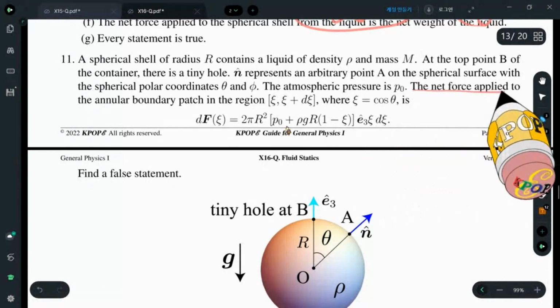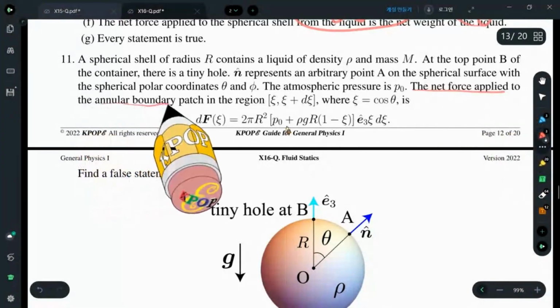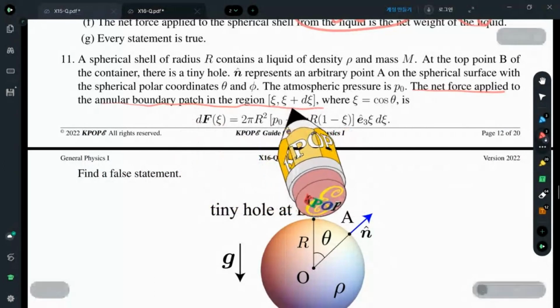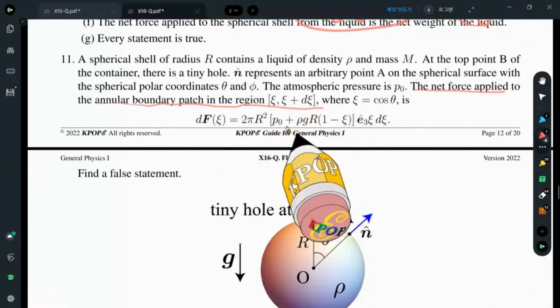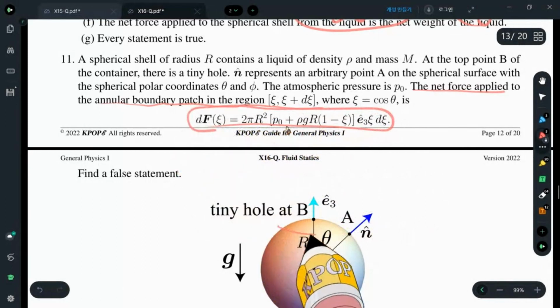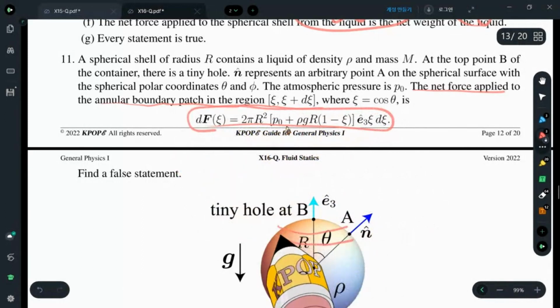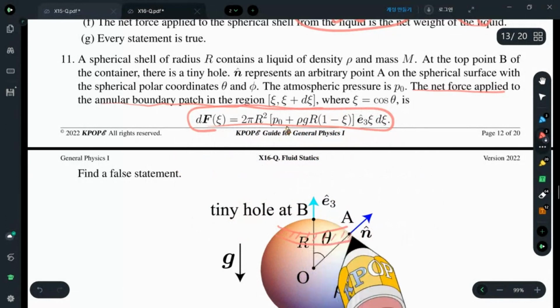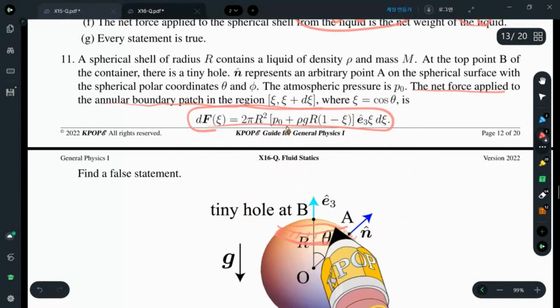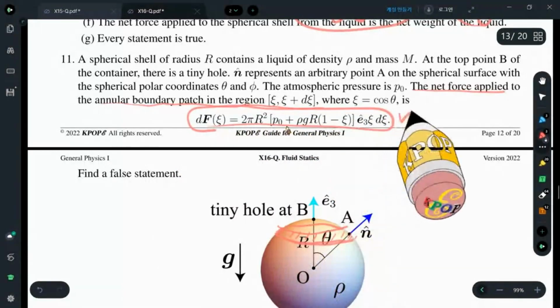The net force applied to the annular boundary patch in the region from c to c plus dc is this. We already have obtained this patch. The sum over this patch, the force applied to it, is this one.